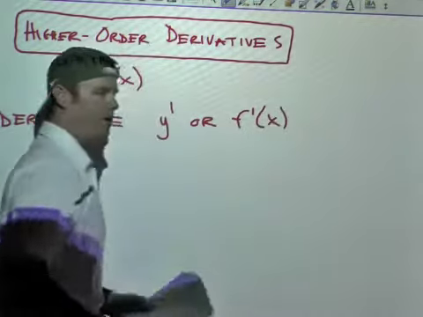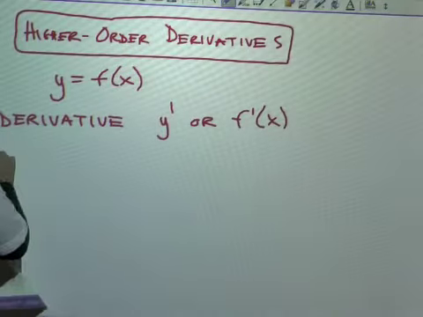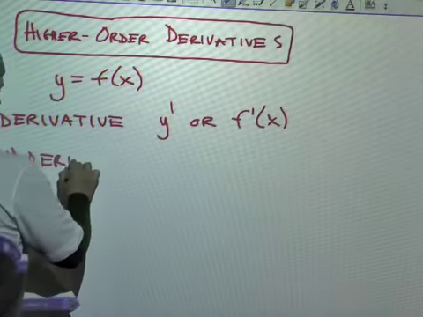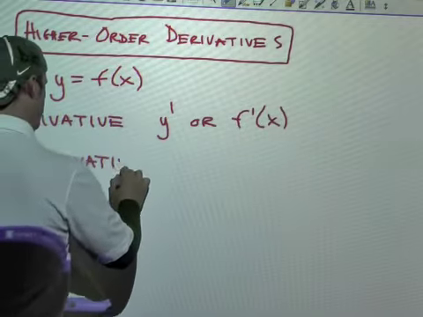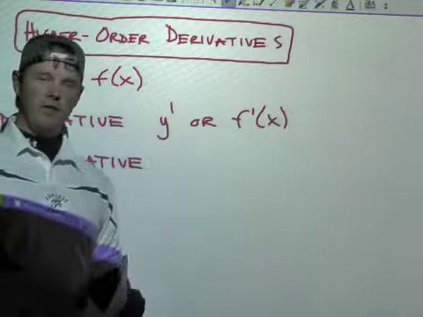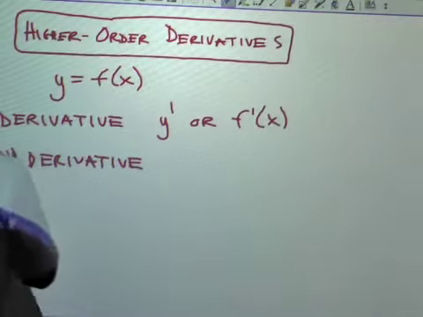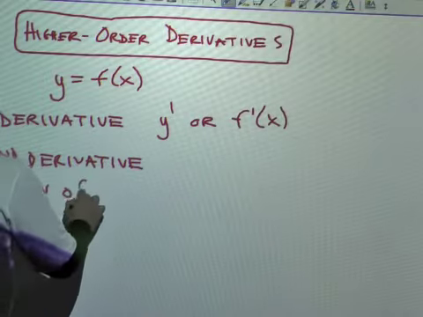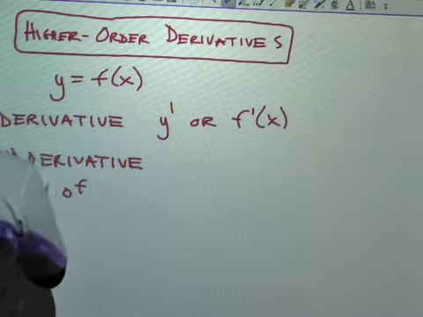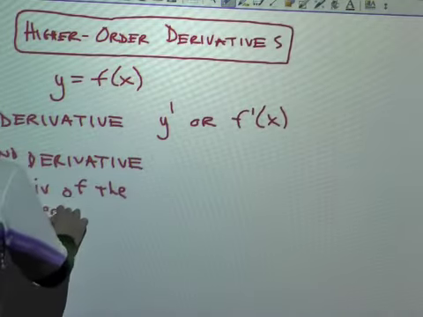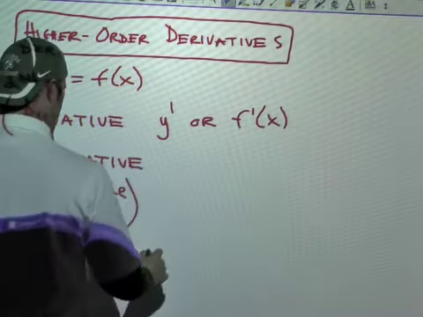That's the notation for it. Well, there's something called a second derivative. And the second derivative is basically the derivative of the derivative. Which I'll show you how we calculate that in a second.